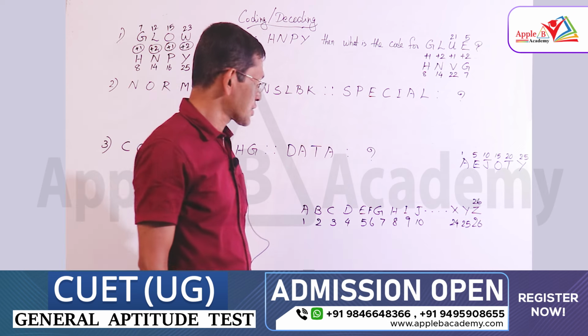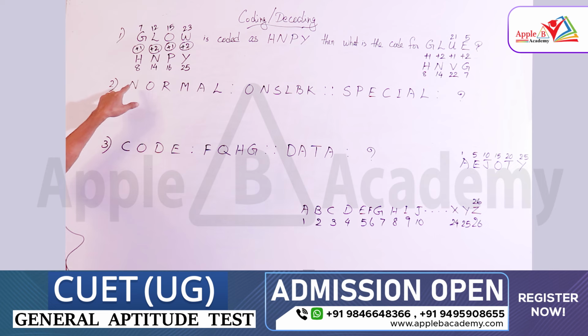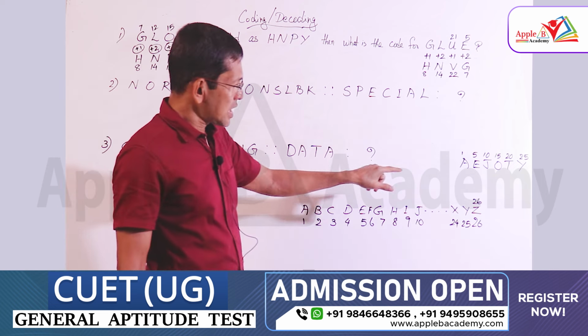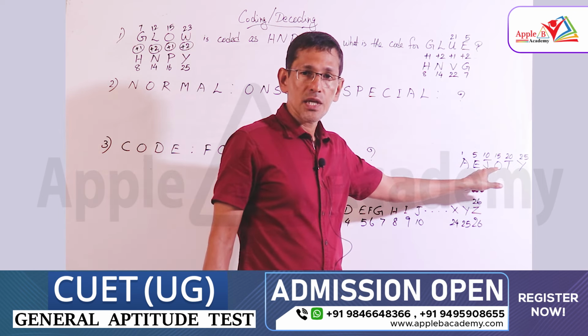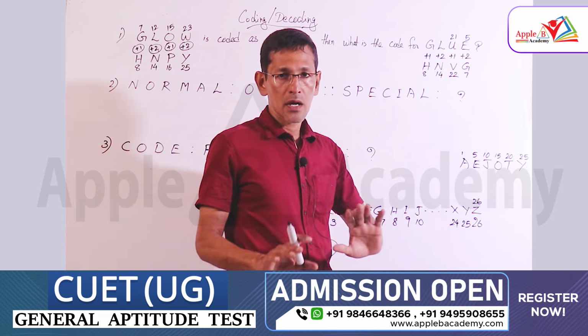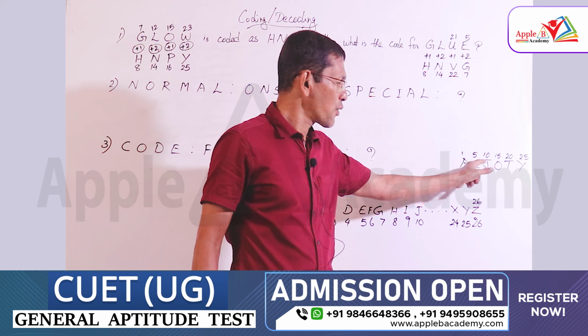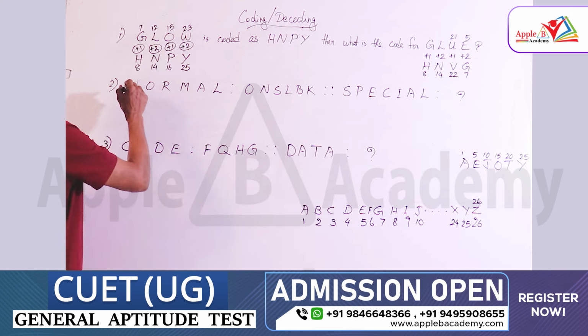Think about it. Say in this case, we need the position value of N, right? If you're not sure about it, look at which letter is near to N. O is near to N. Either it is after N or before N, it doesn't matter. In this case, O is after N. O is 15, so N is immediately before that. So N is 14.